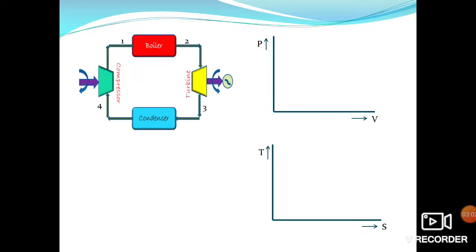So in PV diagram, as P1 is equal to P2, you can see a straight line. Similarly, in TS diagram also you can see 1 to 2 as a straight line as T1 is equal to T2.